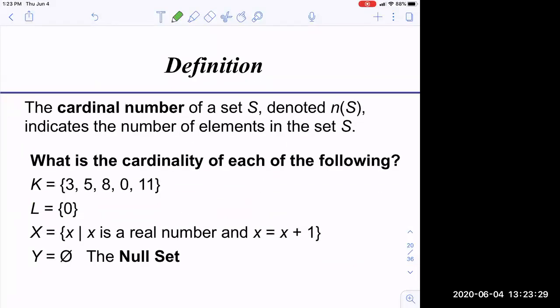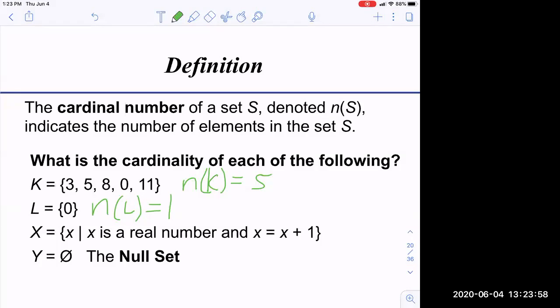Cardinality, the number of elements in a set. Cardinality of K is 5. How many elements are in L? Well, there is 1. So the cardinality of L is 1. Let's see, X. X is a real number, and X equals X plus 1.